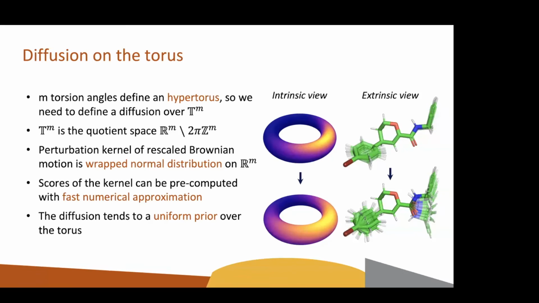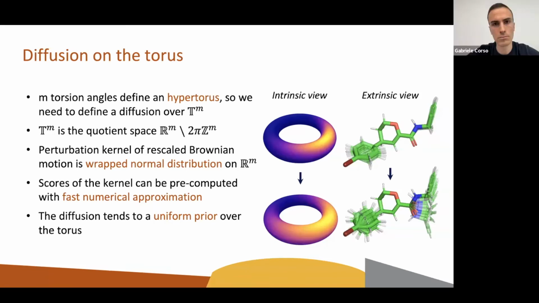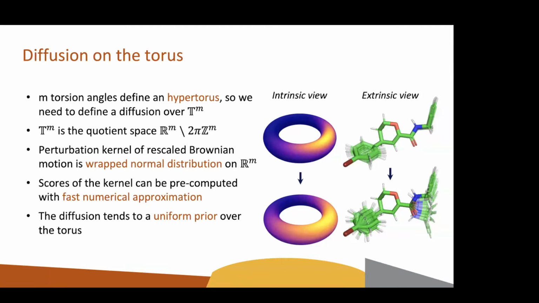In the extrinsic view, we recognize that this toroidal space does not exist in isolation, but every point on the space maps to a conformer. And so a diffusion on the torus maps very naturally to a diffusion over conformers in 3D space, where perturbations of increasing magnitude are applied to each of the rotatable bonds, only two of which are shown here for simplicity.